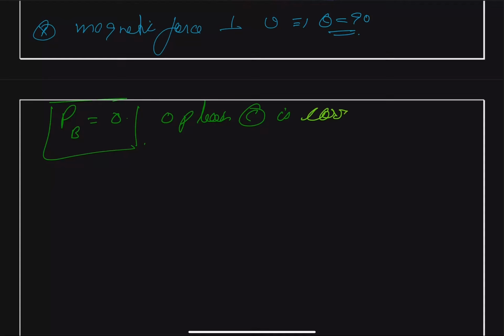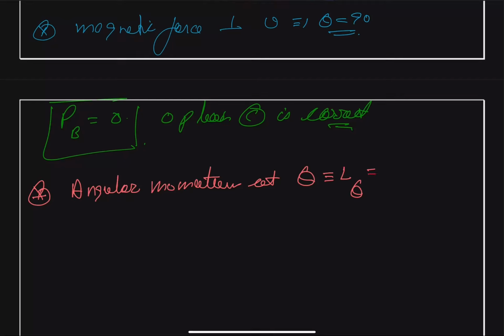Now we come to the last part, that is our angular momentum. So angular momentum at Q, let us suppose that is given as LQ, will be equal to our mass, and distance is our 2a, and our velocity is our 2v.